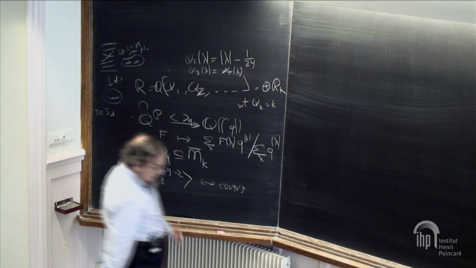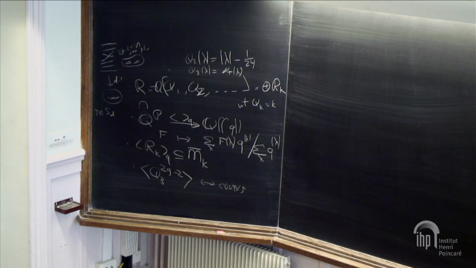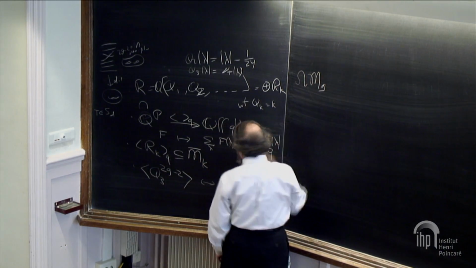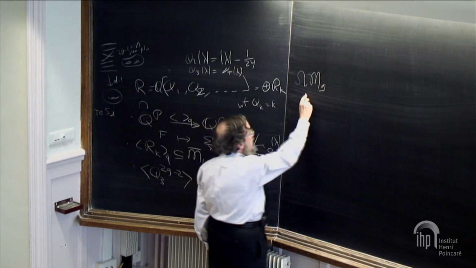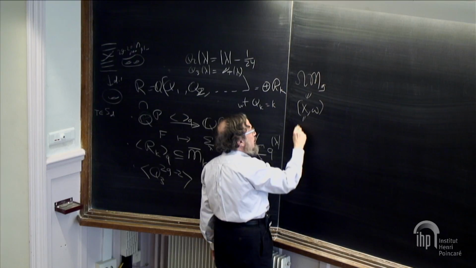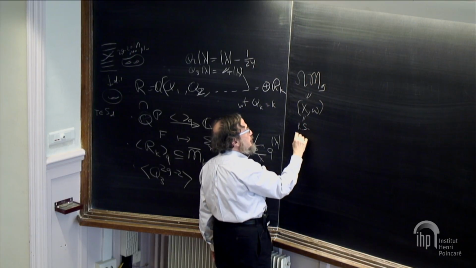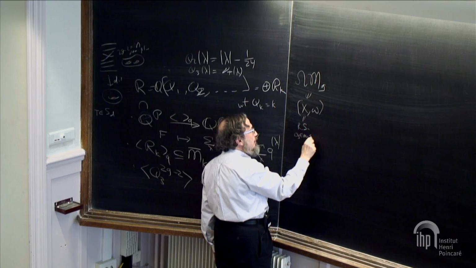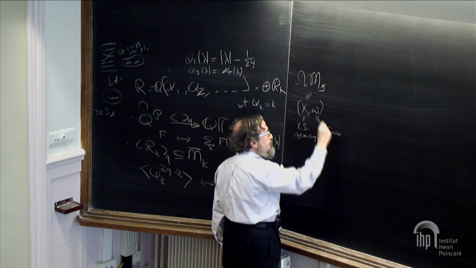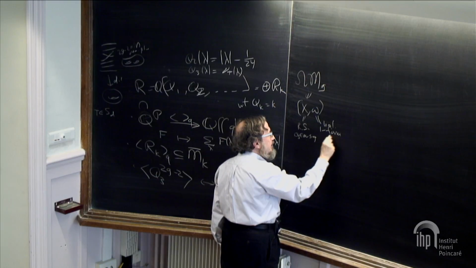Now, for the Siegel-Veech and volumes business, as I mentioned very briefly yesterday, you have this space Omega M_g, the so-called flat surfaces. A typical element here is an isomorphism class consisting of a Riemann surface, so a complex curve of genus g, and a holomorphic one-form, not identically 0.